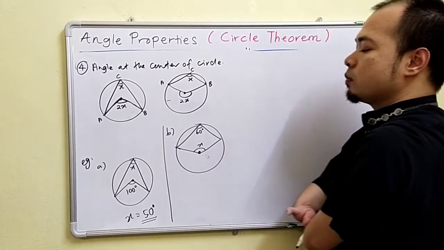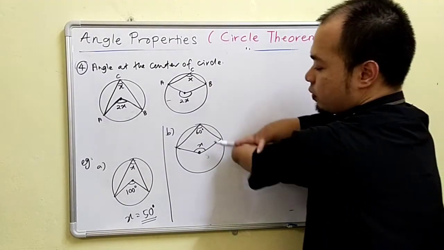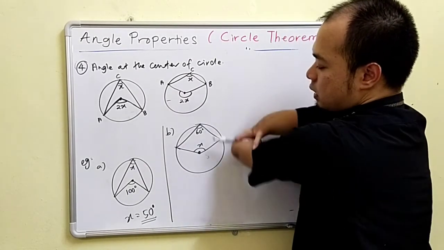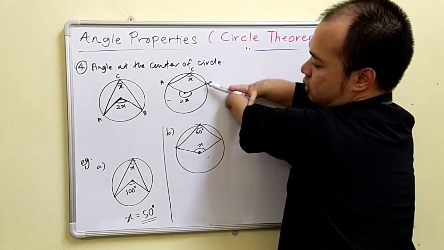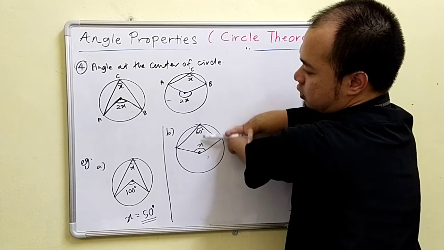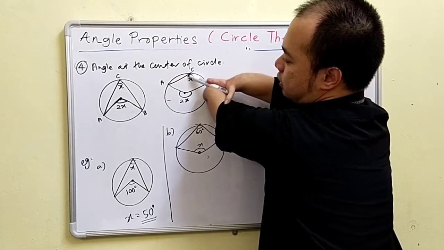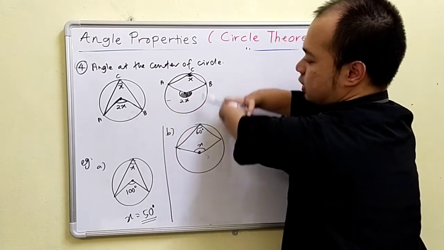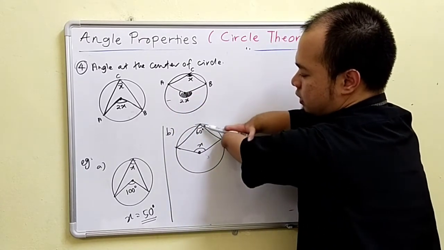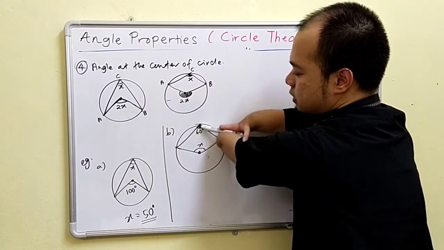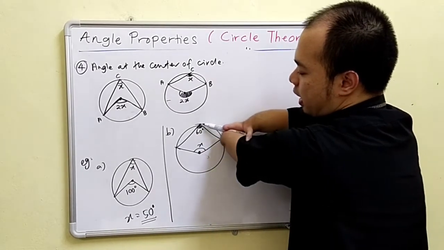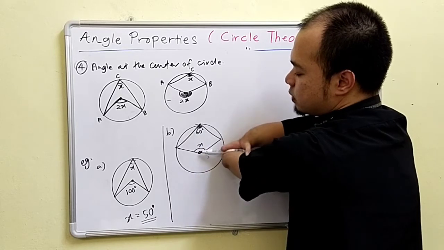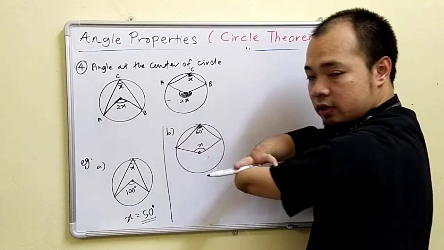My question is, find the angle x. Bear in mind, this type of shape follows this one. Here x is here, and 2x is right over here in the major sector. The angle at the circumference is 60, so we know that the angle at the center must be twice the angle at the circumference.